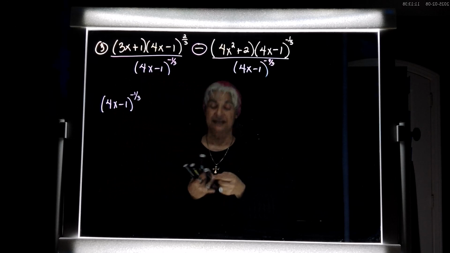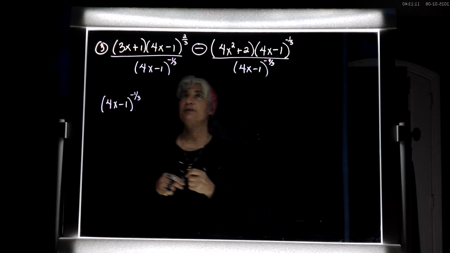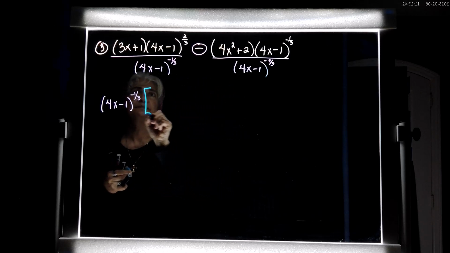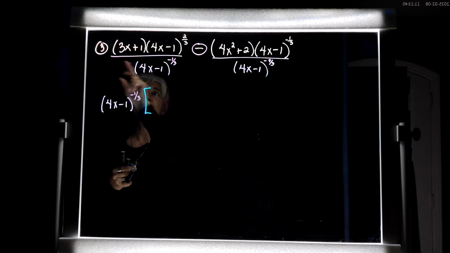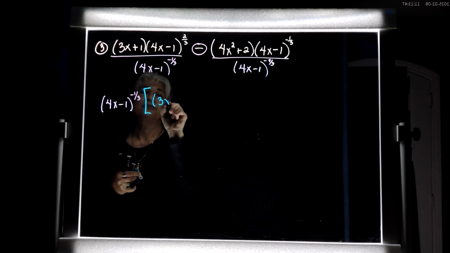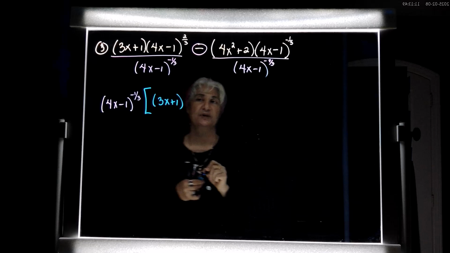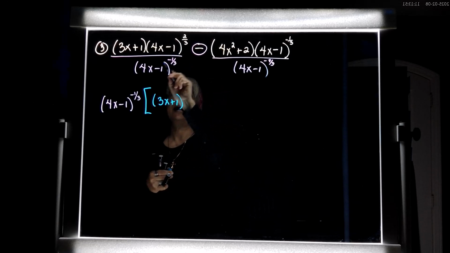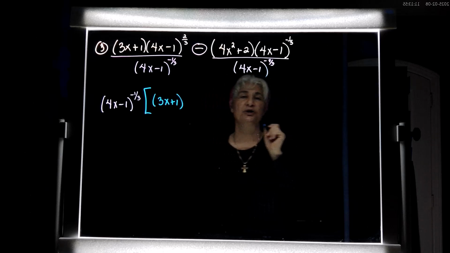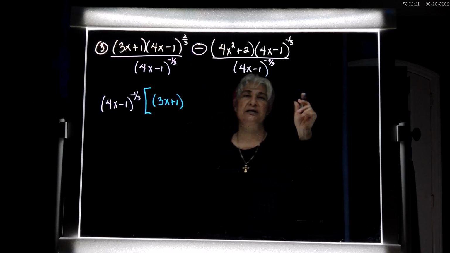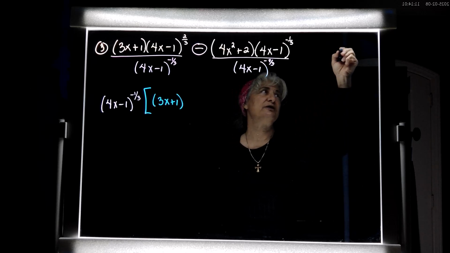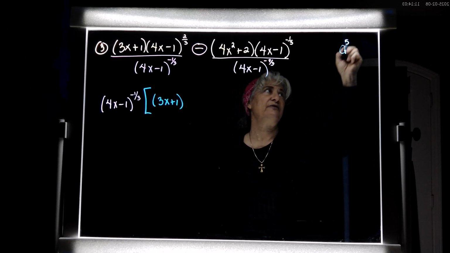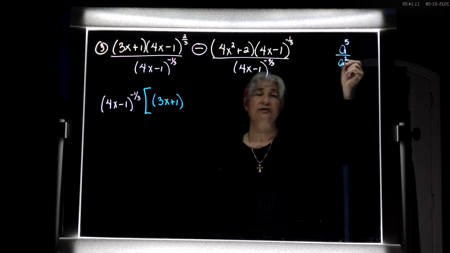So let's see what happens. Let me open up my bracket here. So for sure I'm going to have the 3x plus 1, right? Now what you question is what happens between these exponents. Well, remember, when you're dividing exponents, it's a subtraction problem, isn't it? And if you're uncertain, let me sidetrack you. A to the 5th divided by a squared.